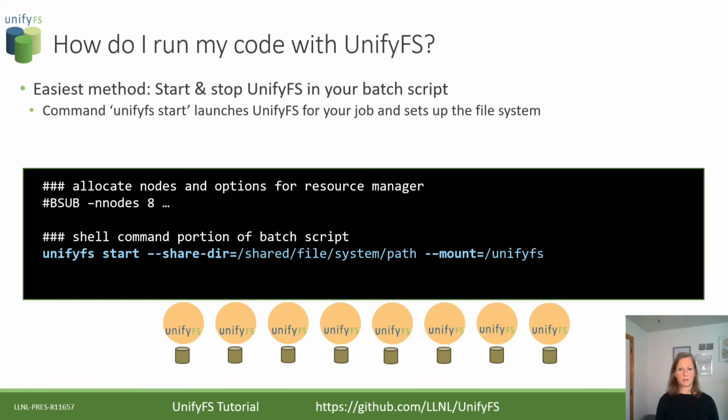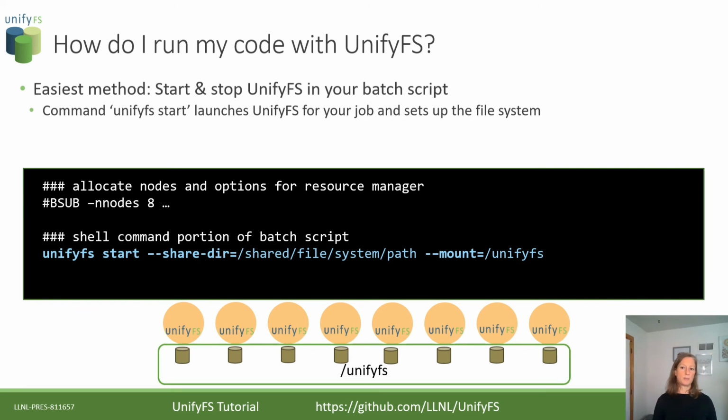So the command is UnifyFS start, and the first argument here, called shared, is a bootstrapping argument, and that points to a place on the parallel file system. And you also give it the mount point that you want to use in your job, so /UnifyFS in this case. And when this executes, it will launch a UnifyFS daemon on all of the compute nodes in your job. And those compute nodes will work together to set up the shared namespace for your application to use, /UnifyFS.